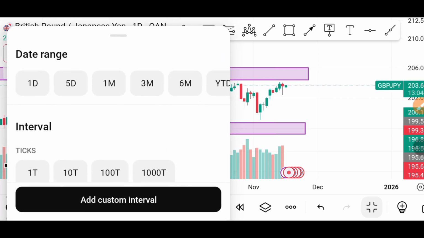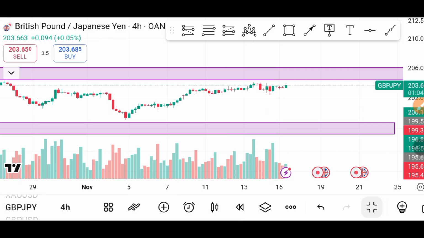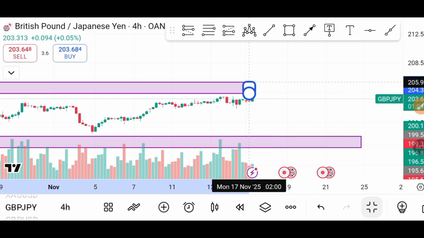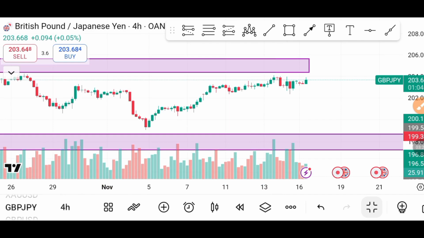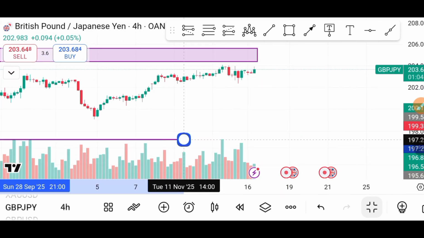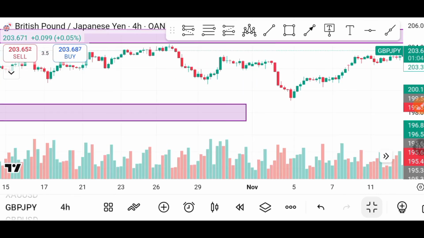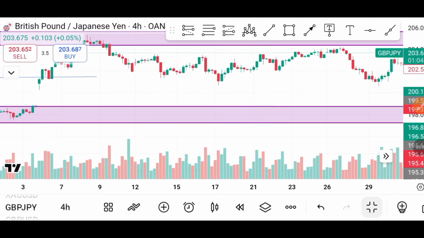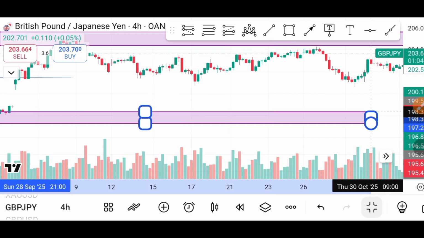So let's head over to the four-hour time frame. Let's be swift on this. Now on the daily time frame, we still have this high to look out for, to see if price is going to break through it or not. Now we have to adjust or refine this entry, this level marked out on the daily time frame. So let's adjust it to suit the relevant areas. So this is our order block.